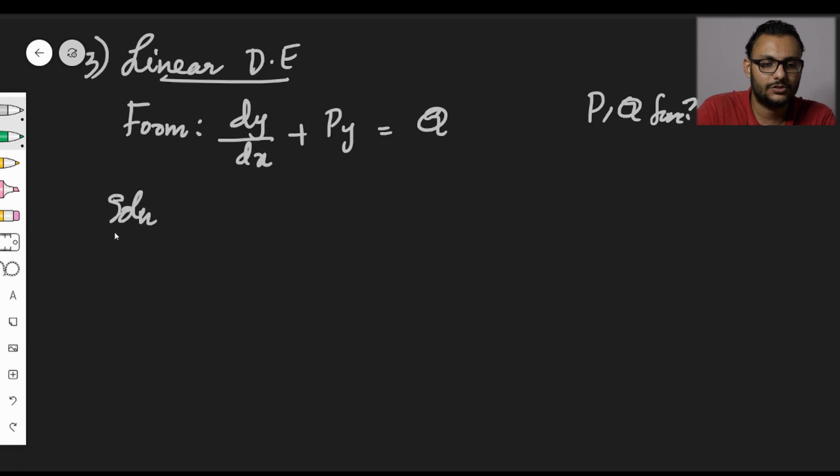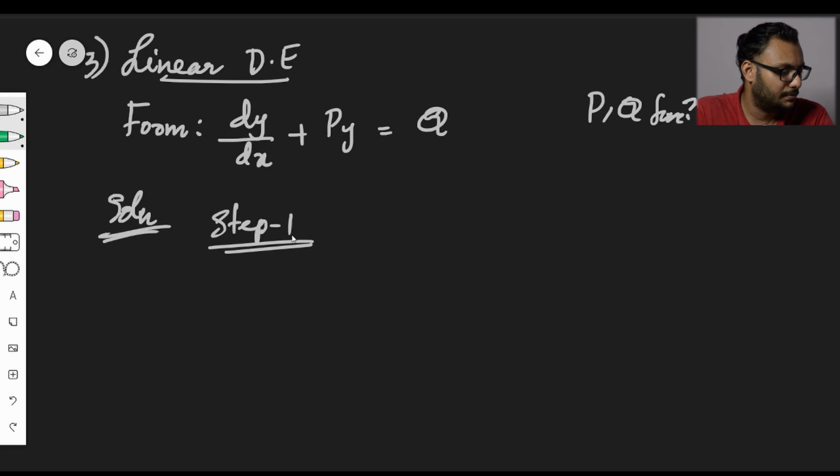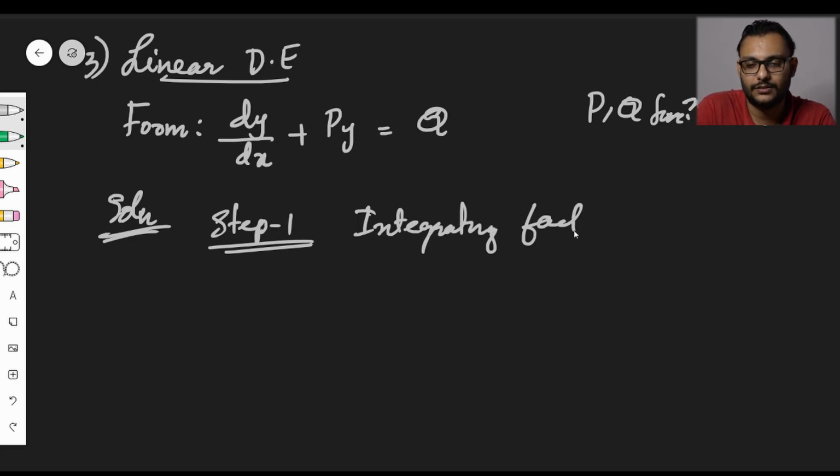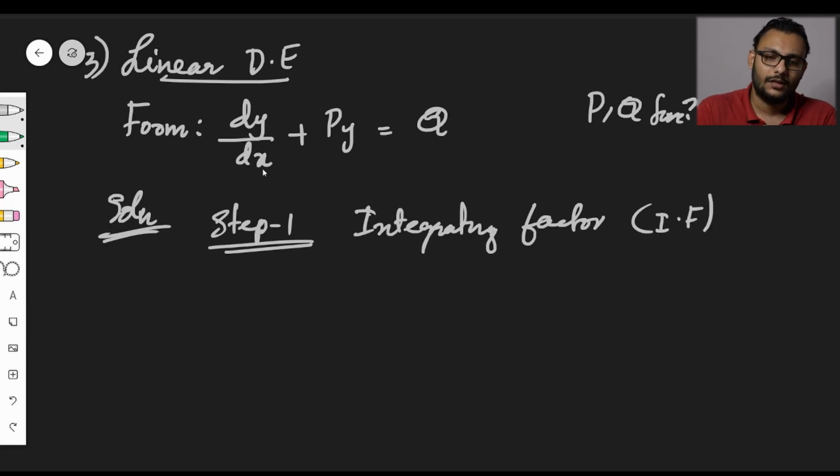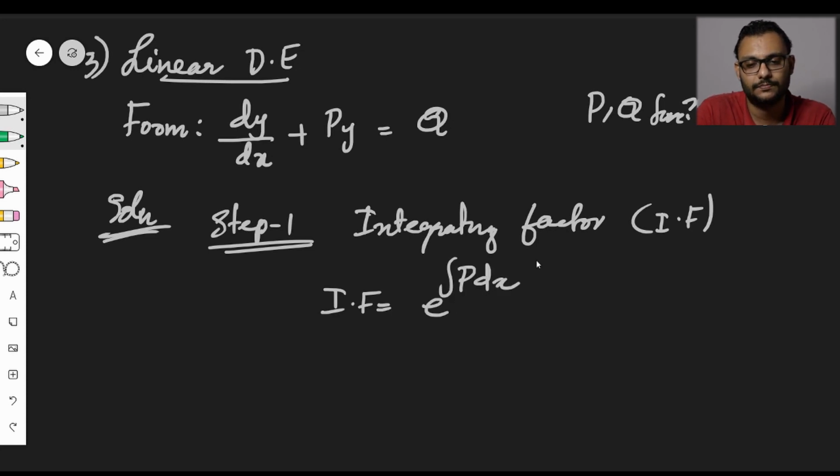Now for the solution, we have to apply different steps. Step number 1, we have to find the integrating factor. I can represent it as IF. If we write our differential equation in this standard form, then the integrating factor can be calculated as IF is equal to e raised to integral p dx.